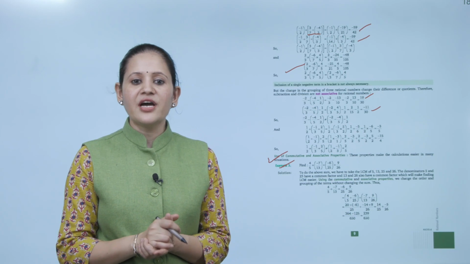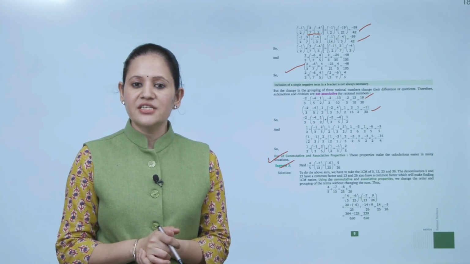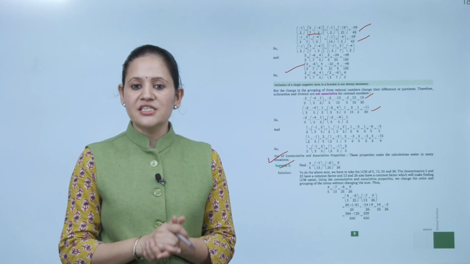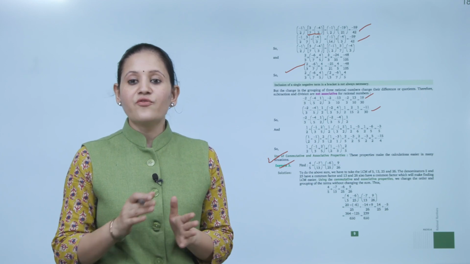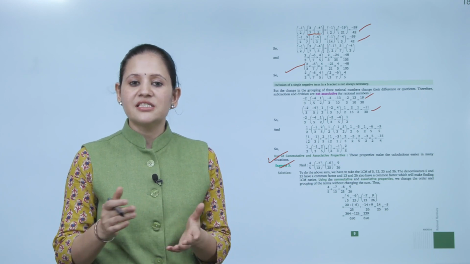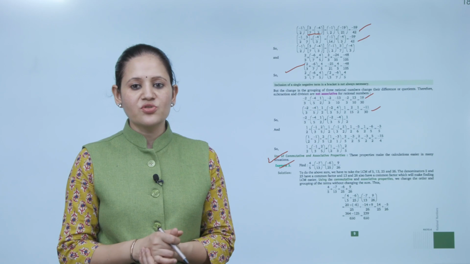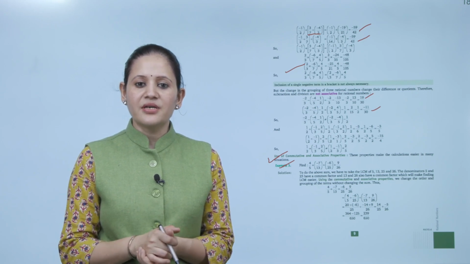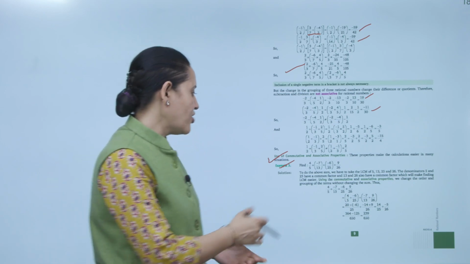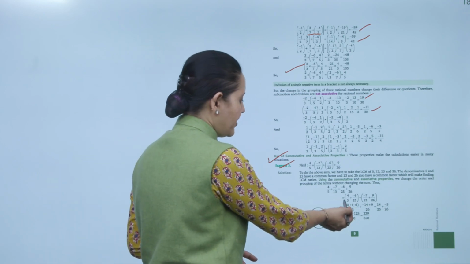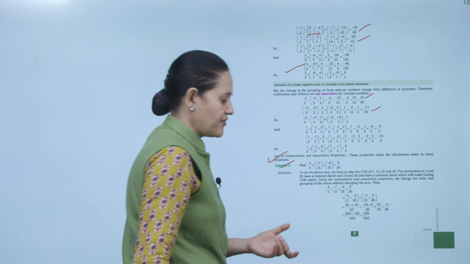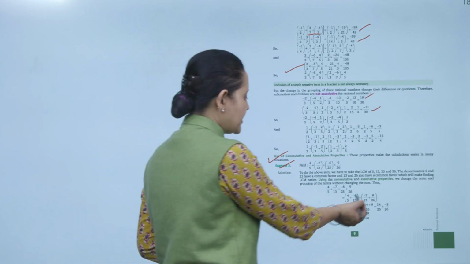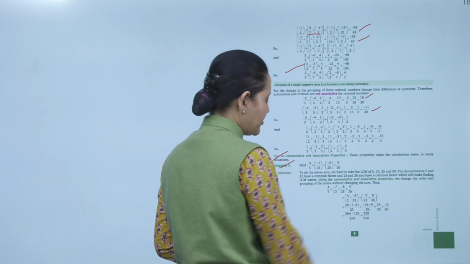The denominators 5 and 25 have common factors and 13 and 26 also have common factors, which will make finding the LCM easier. Using the commutative and associative property, we change the order and the grouping of terms without changing their sum. So, we can also write it like this: 4 by 5 plus minus 6 upon 25 plus minus 7 upon 13 plus 9 upon 26.